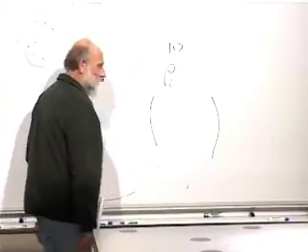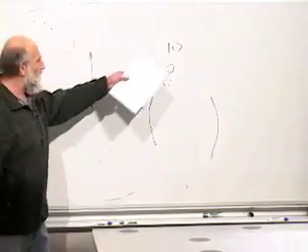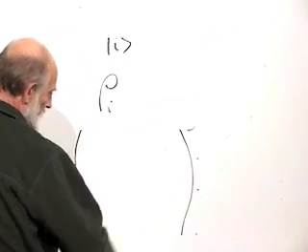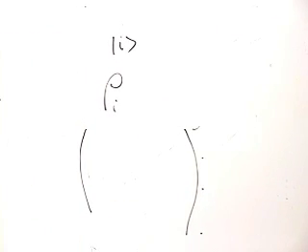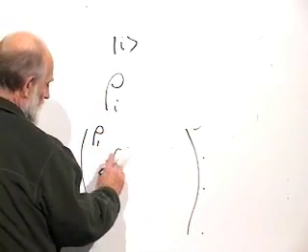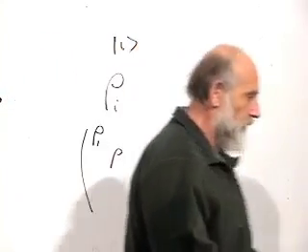This is the matrix in the I basis, so this is I equals 1, I equals 2, I equals 3, I equals 4, likewise with the rows. It's going to be a diagonal matrix, and its entries are just going to be rho 1, rho 2, on the diagonal, rho 1, rho 2, rho 3.